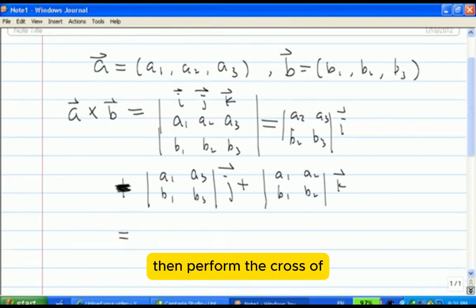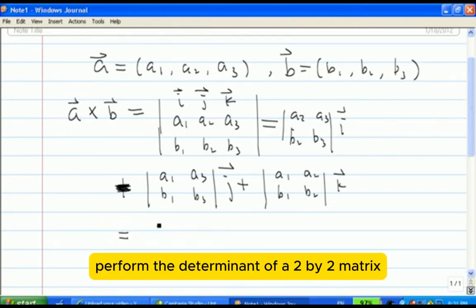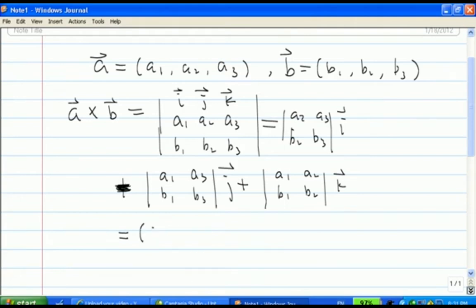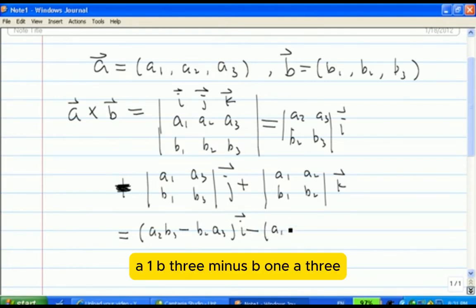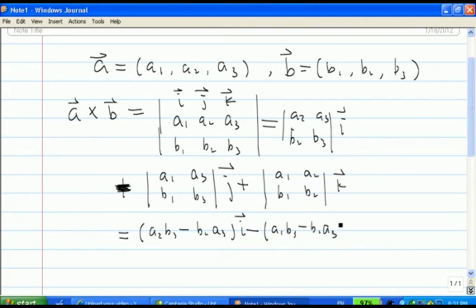Then perform the determinant of a 2 by 2 matrix. Then you get A2, B3 minus B2, A3 times I, minus A1, B3 minus B1, A3.